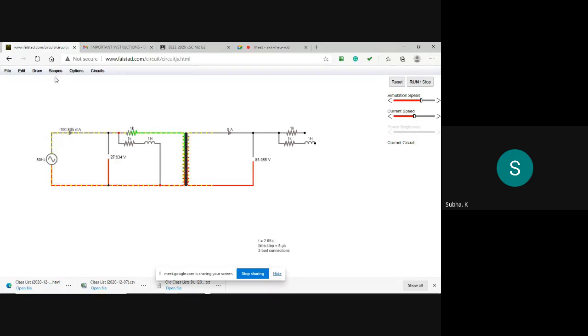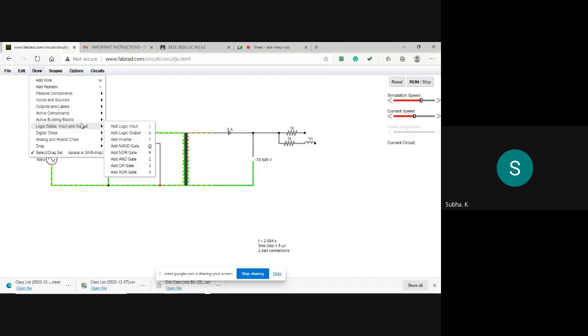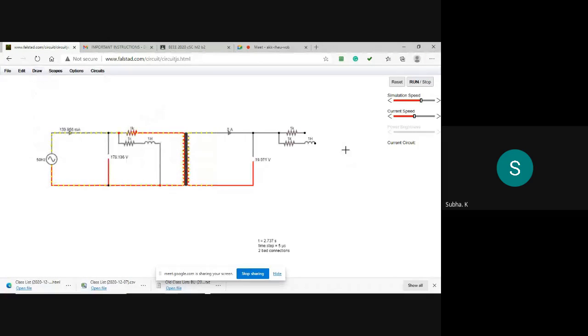So on the output side, I have to connect one load. I have asked you to connect one bulb load. That means I have a switch.